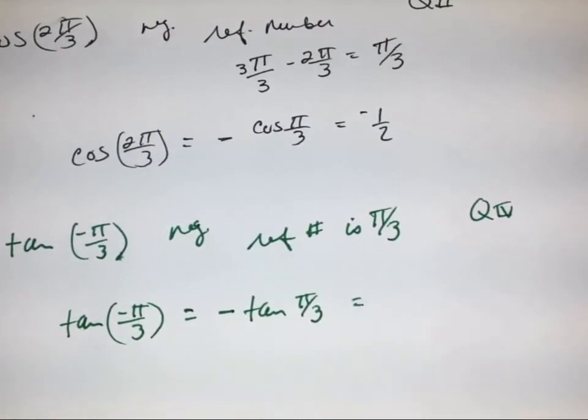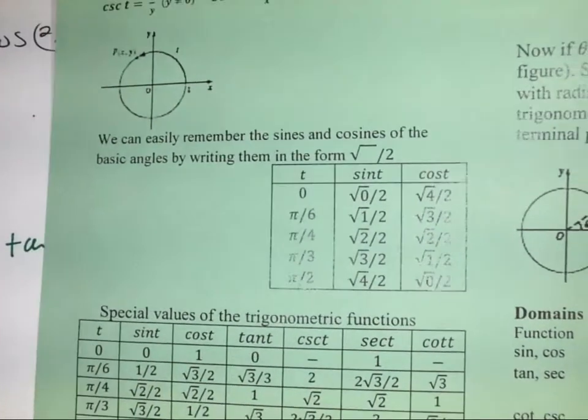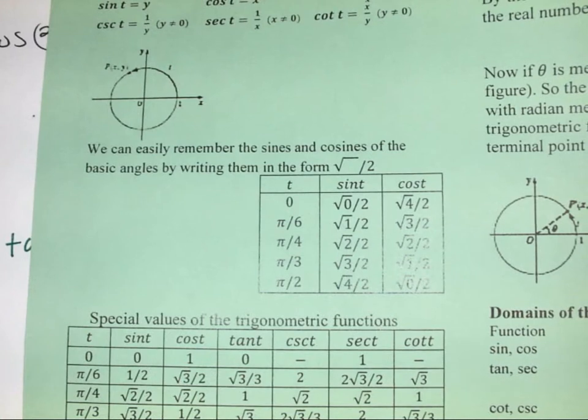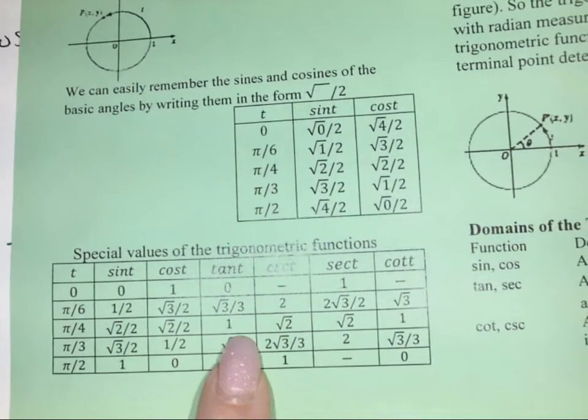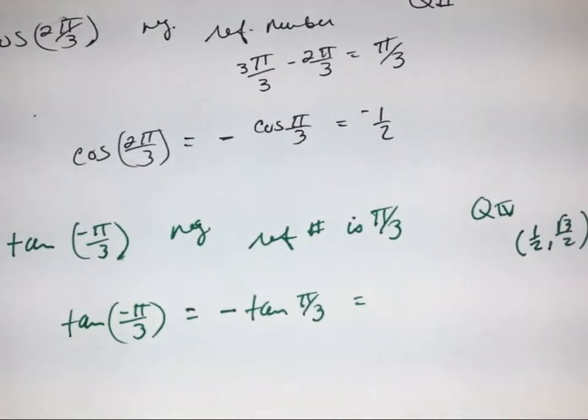We're just figuring out how things relate to the one that's in the first quadrant. Remember our point for pi over 3 is 1/2 and the square root of 3 over 2. Now, we can use our special chart to find our tangent. So the tangent of pi over 3 is going to be square root of 3. Or we can figure it out.